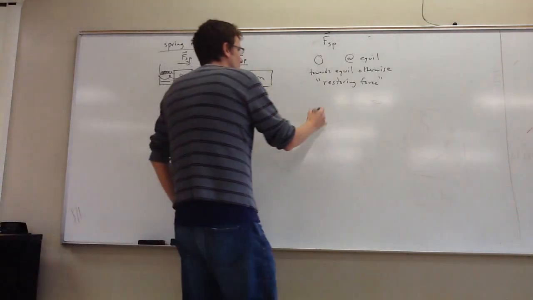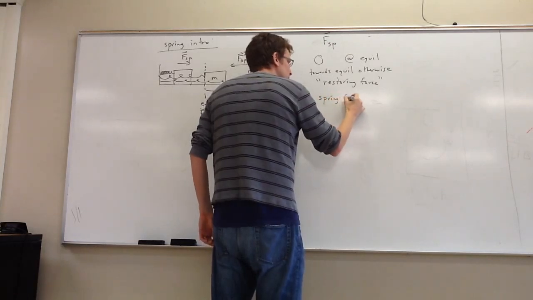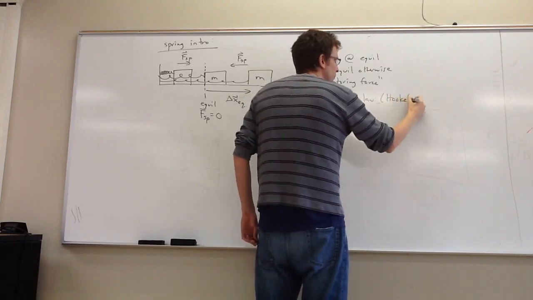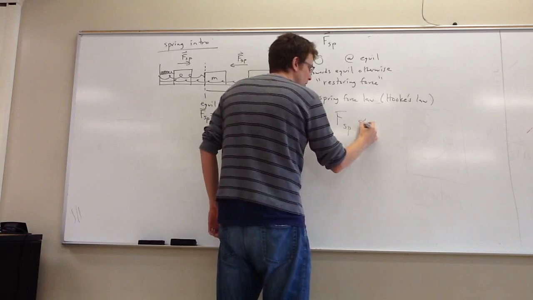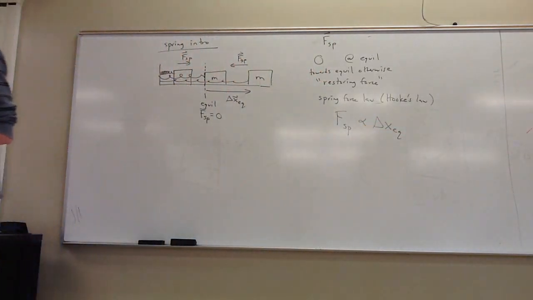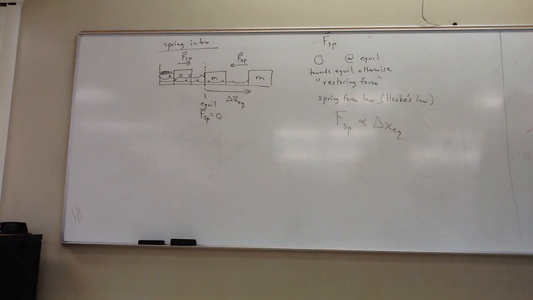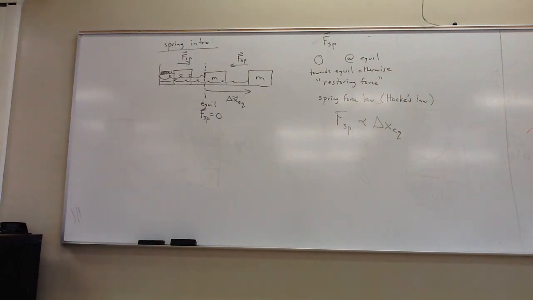In fact, there's the spring force law, which is also called Hooke's law, says that the spring force is directly proportional to that displacement. Which is to say, if you take it twice as far from its happy place, the spring will complain twice as much. Twice the displacement from equilibrium, twice the force.